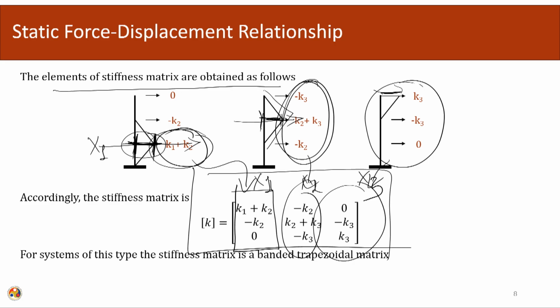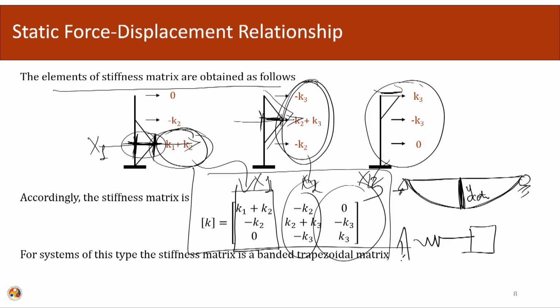What we can also do is go back and see the analogy from a single degree of freedom system. In the single degree of freedom system, if you remember, if we are looking into a beam, and we are measuring the degree of freedom as y at the center, what will be the value of k?